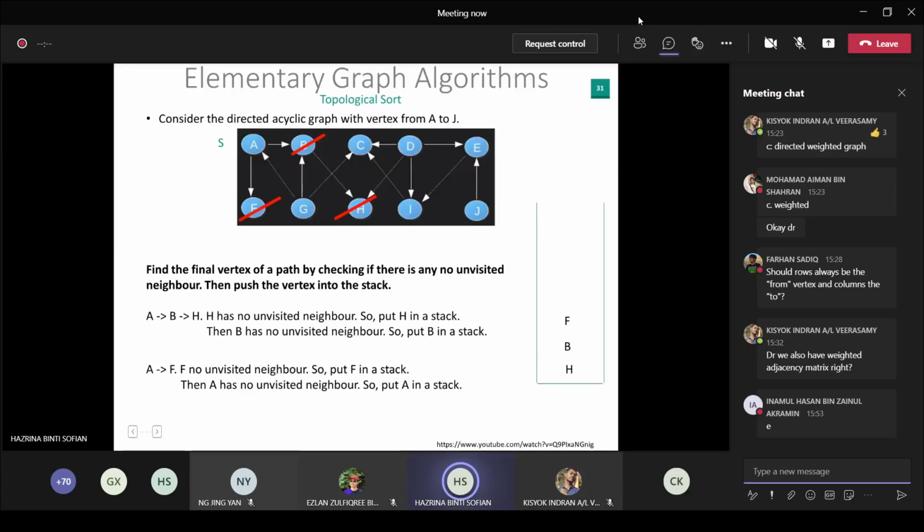Next, we check A again. A has no unvisited neighbor, so we put A into the stack.